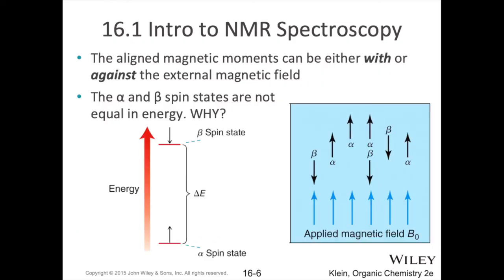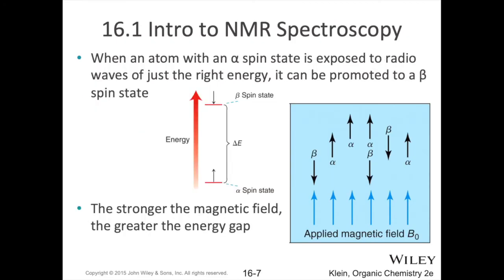So there is a difference in energy between these alpha and beta spin states, and this energy gap can be measured. Essentially, what we're going to do is fire radio waves at these that match that energy gap, and that allows these nuclei to flip from one to the other, from alpha to beta.